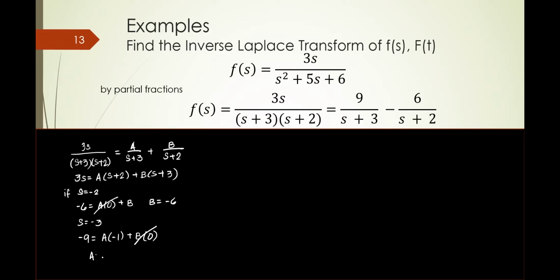A is equal to 9. So you'll end up having 9 over s plus 3 minus 6 over s plus 2. All right. So what is the inverse Laplace of 9 over s plus 3 minus 6 over s plus 2? Can you give me the answer?